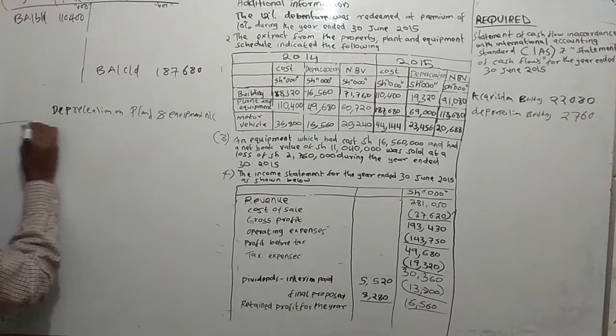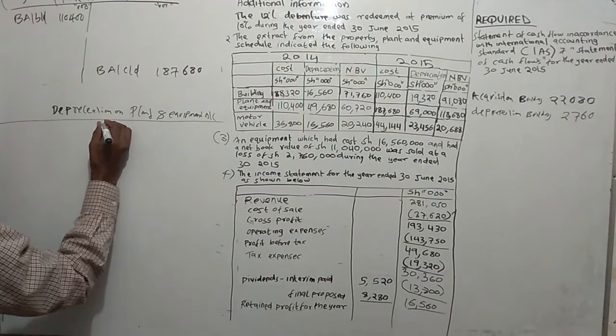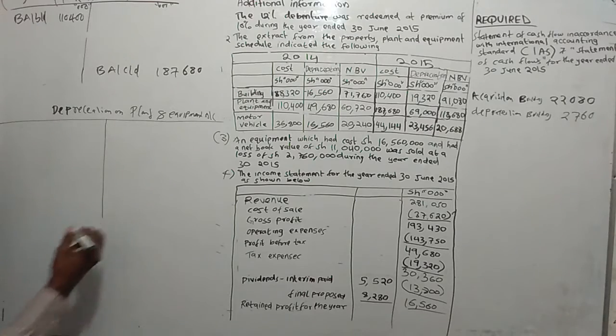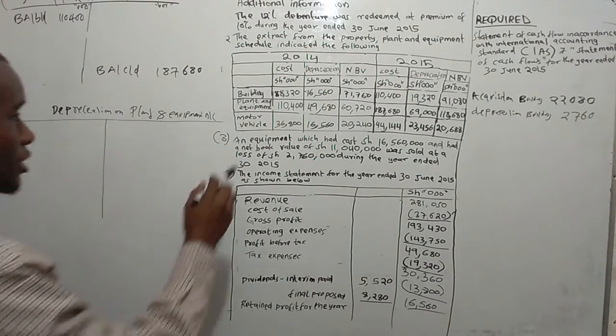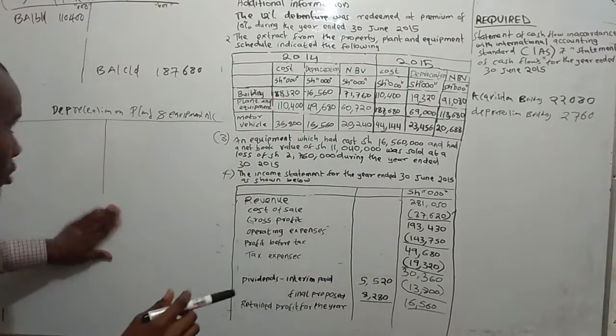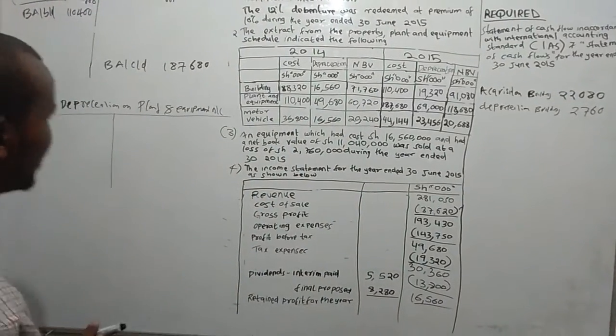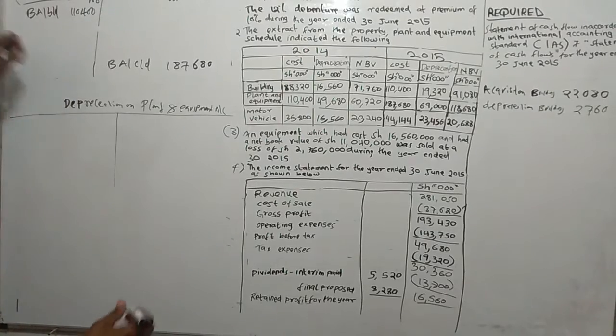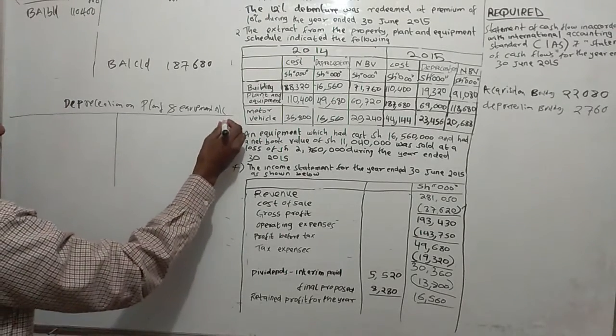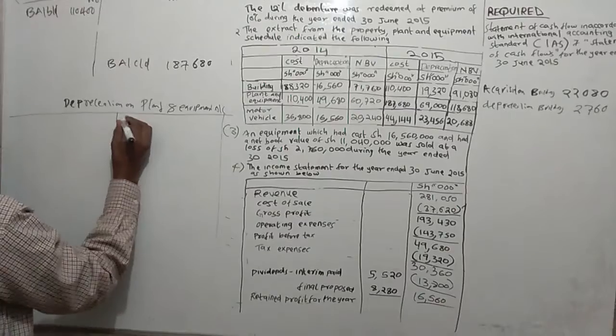The balance brought down for the depreciation, we are given that 2014 is 49,680. Remember, this is depreciation, so the balance brought down will be on the credit side.